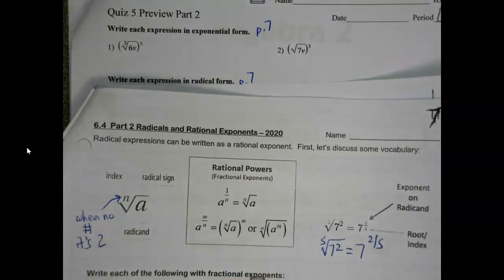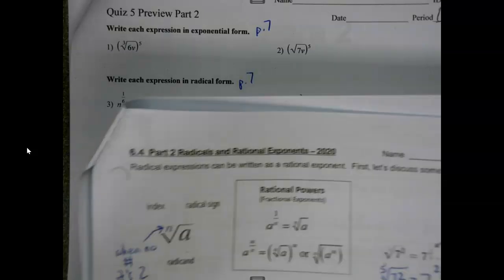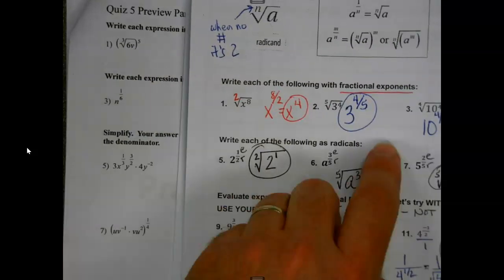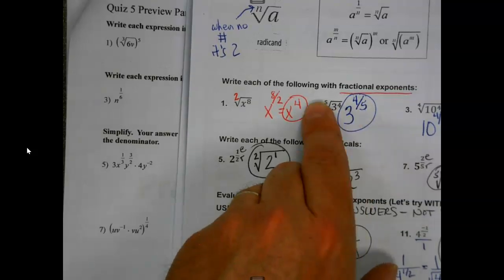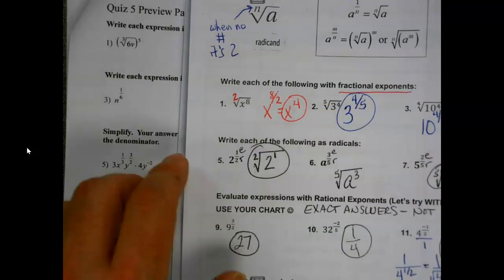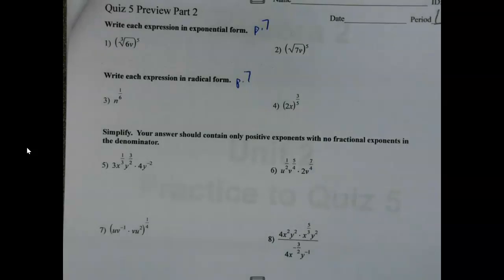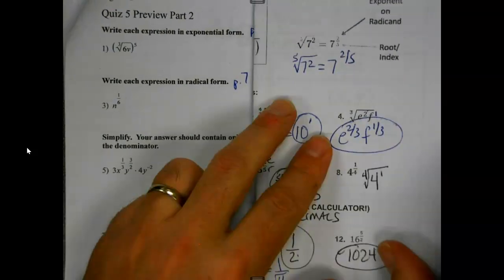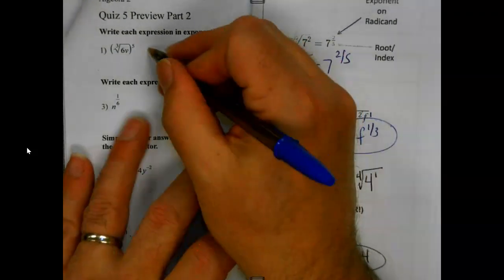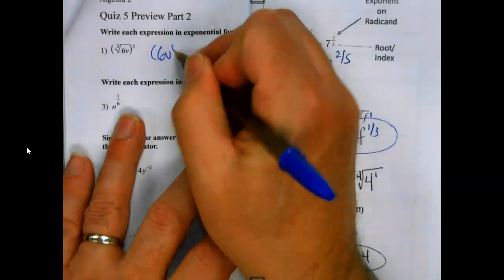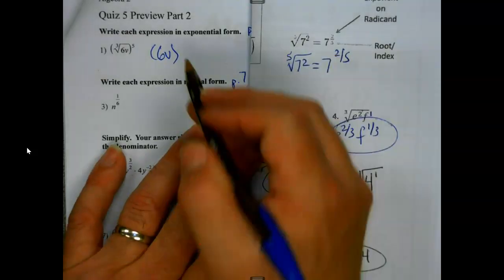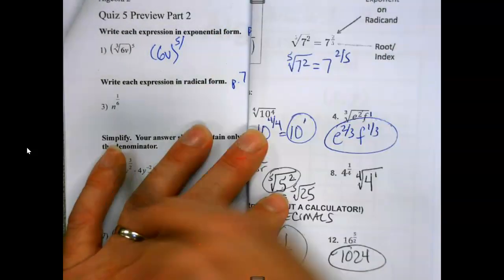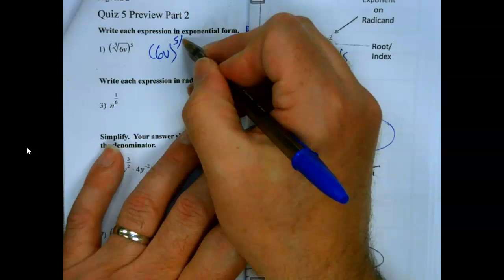So when we're doing exponential form, remember we're taking what's here and it's the exponent over the root, over the index. So there's my example: 6v, the exponent goes on top of my fraction, the root goes on the bottom.